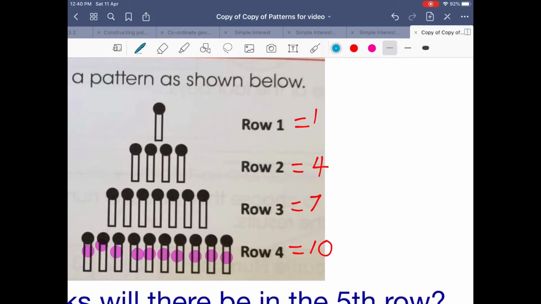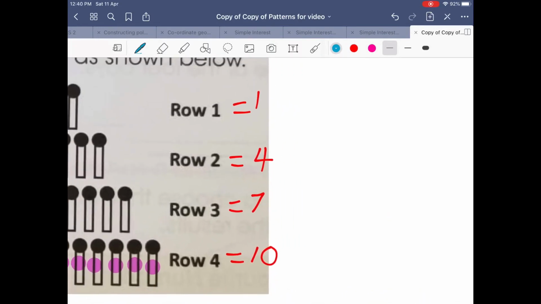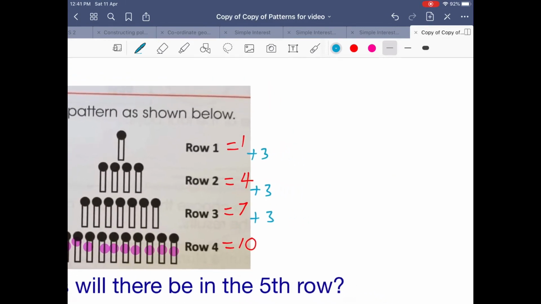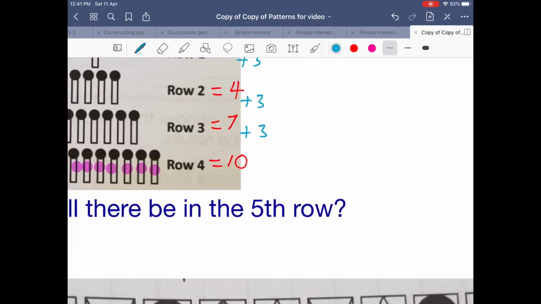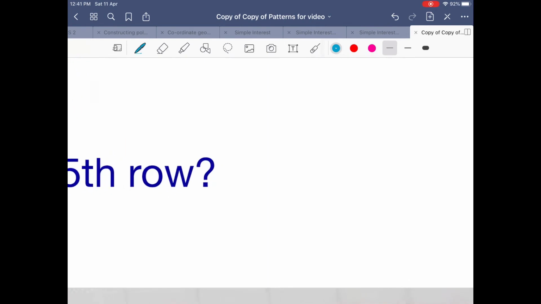So we can see that we are increasing by 3 every row. 1 plus 3 is 4, 4 plus 3 is 7, 7 plus 3 is 10. So the next row, of course, row 5, will have 10 plus 3, which is equal to 13.